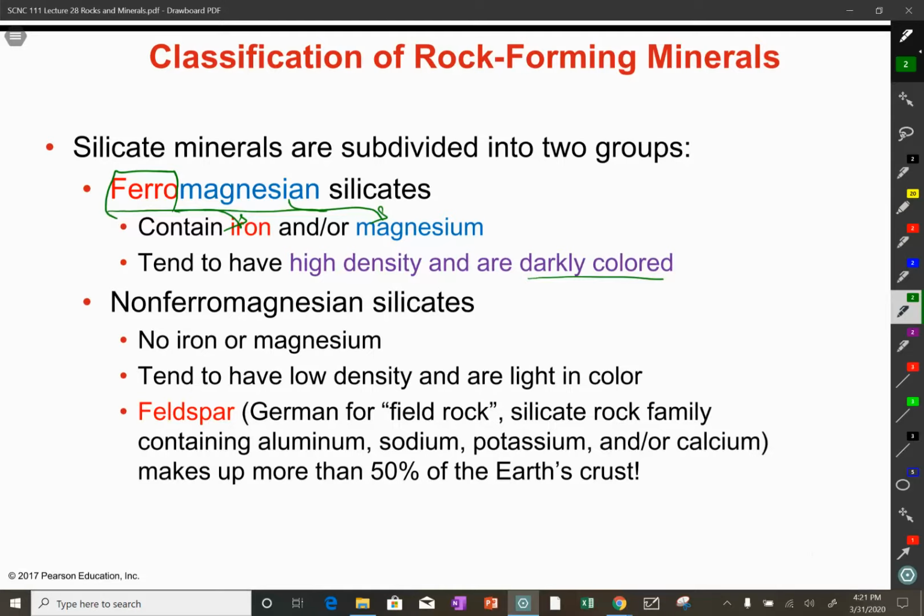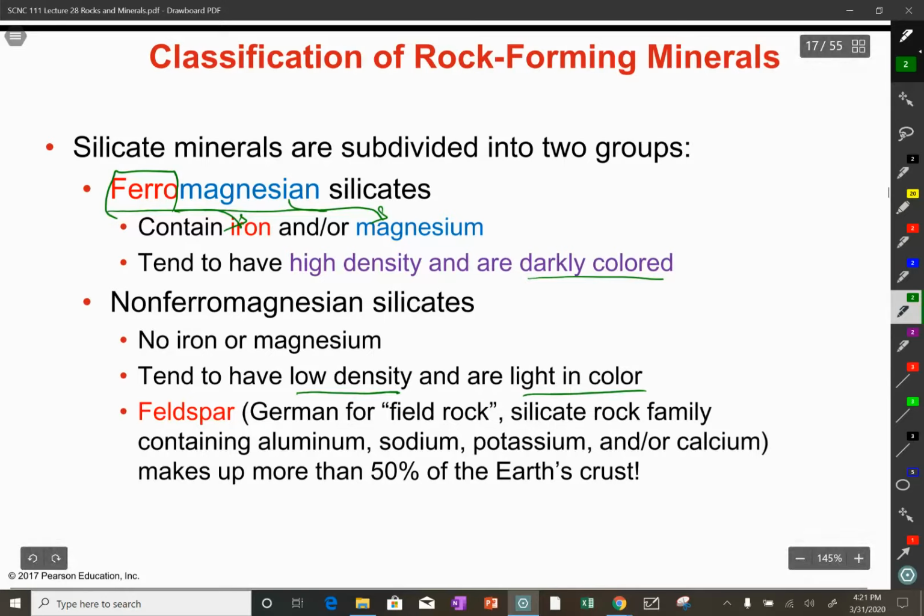And then the other silicate rocks are non-ferromagnesian. That's anything that doesn't have iron or magnesium. And they tend to have a low density and are light in color. So if it's light in color, it's more likely to be non-ferromagnesian. If it's dark, it's more likely to be ferromagnesian.